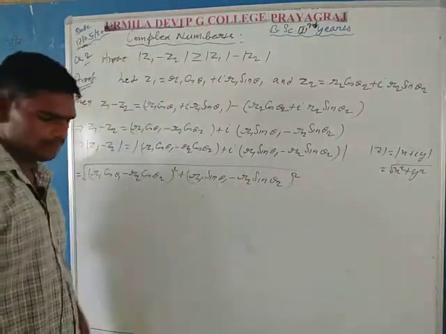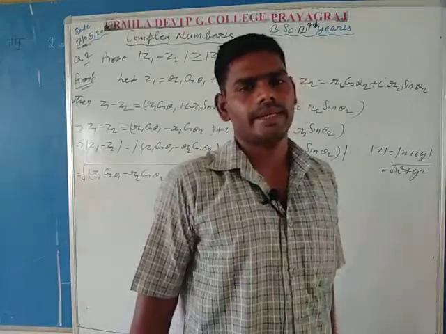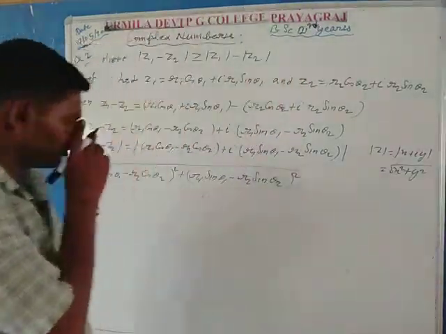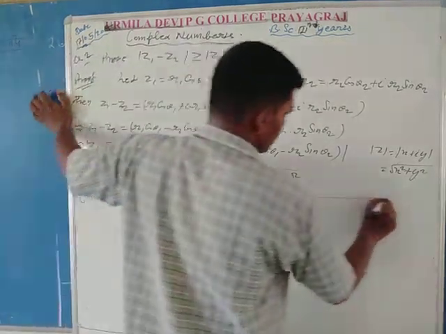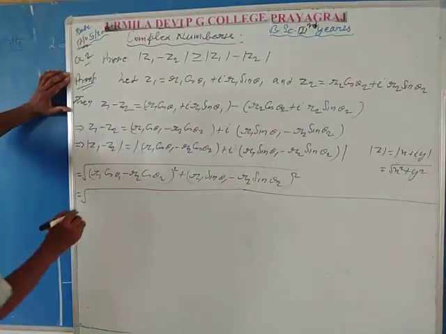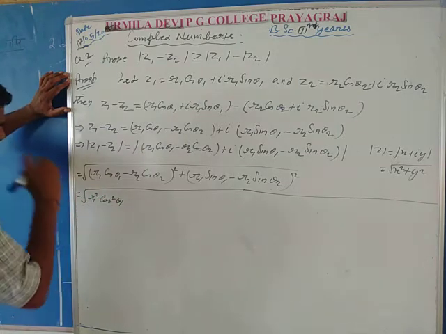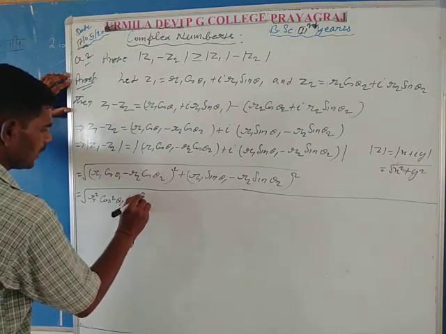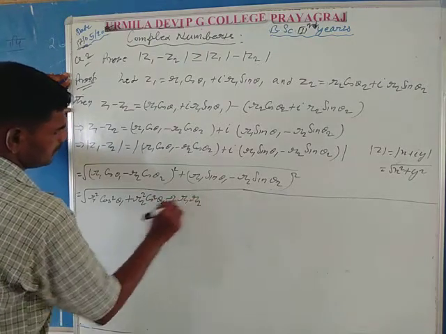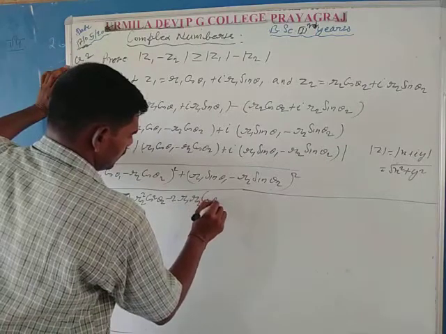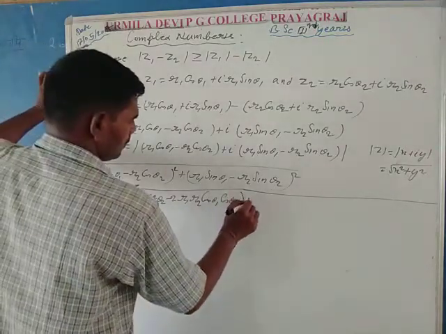Now opening the whole square by the rule of a minus b whole square, which you already learned in high school classes, is equal to under root of first whole square, R1 square cos square theta 1 plus R2 square cos square theta 2 minus 2 times R1 R2 cos theta 1 into cos theta 2, is the first bracket, plus second bracket.